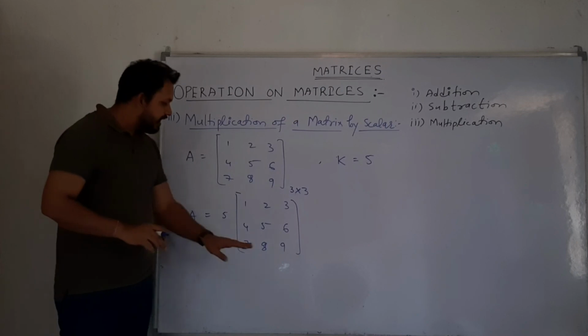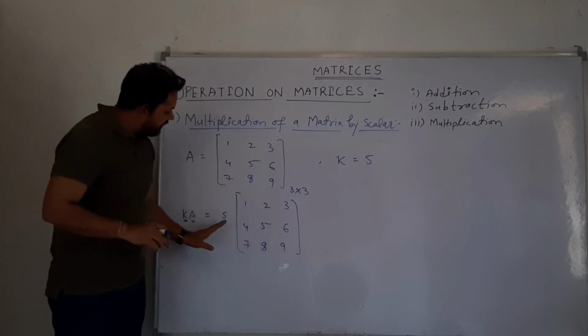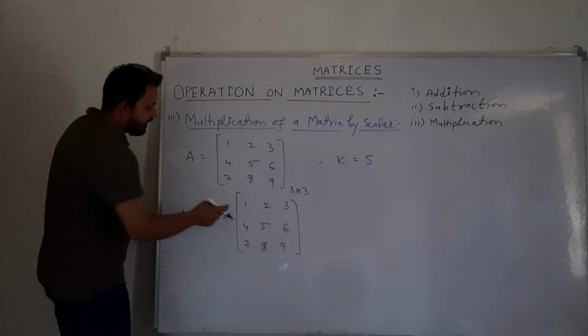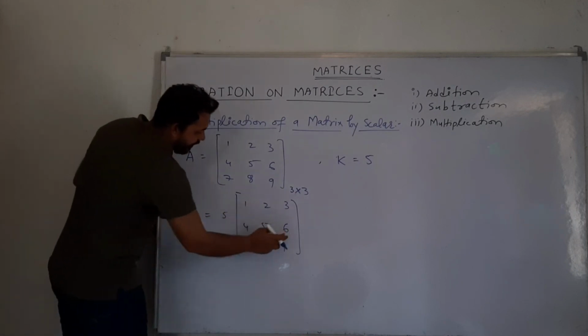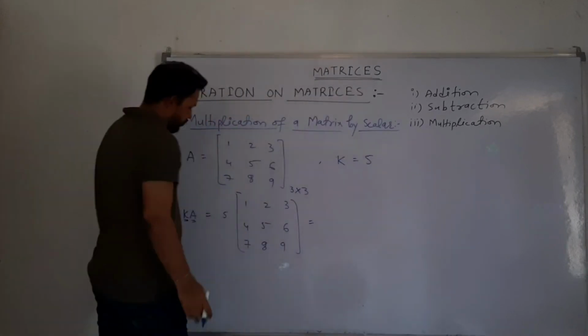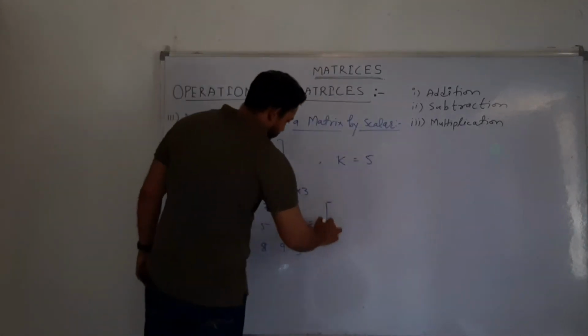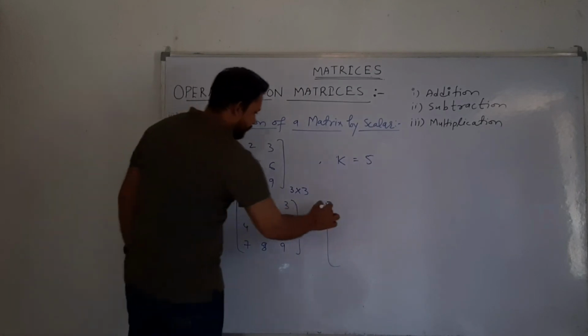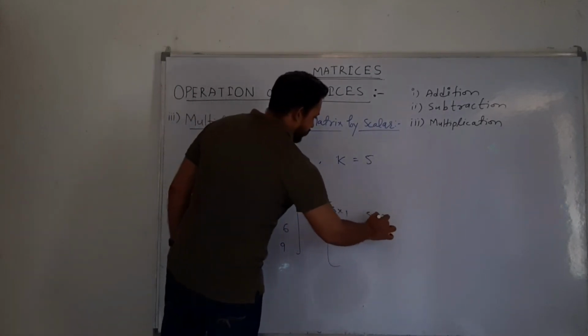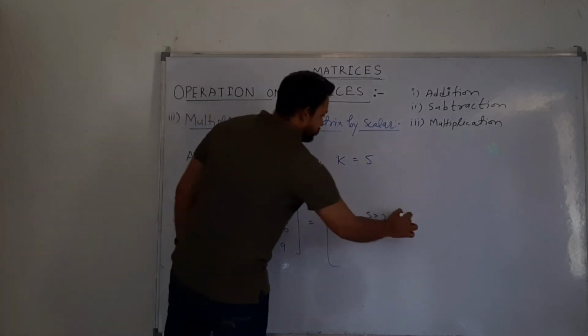Now, to multiply any matrix with any scalar, we simply multiply each and every element of the matrix with the scalar. So we will get a new matrix: 5 into 1, 5 into 2, 5 into 3.